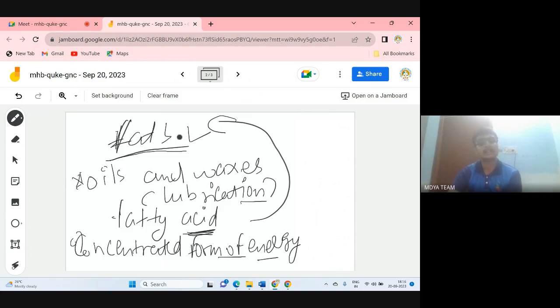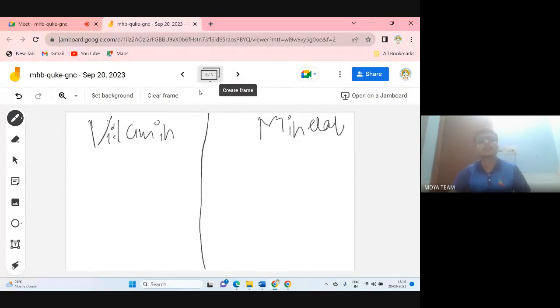They neither provide us energy, nor are they a part of our structural framework, nor do they have lubricative nature, and they don't contain fatty acid. For all those substances which do not come under carbohydrate, protein, and fat, two new categories were created. First one is vitamin, and the other one is mineral.